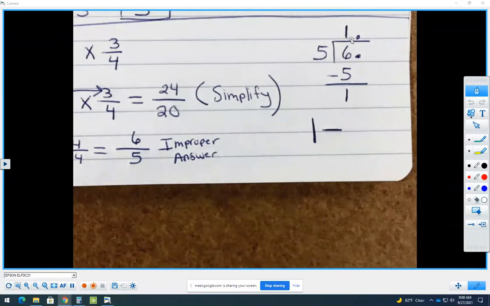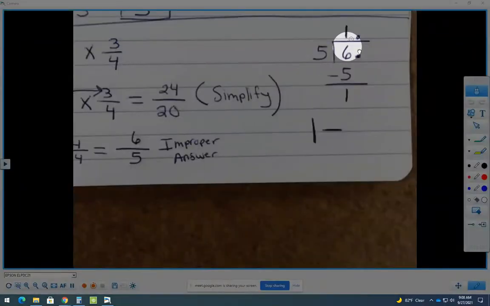Questions with that part? No. All I did, I said, okay, here's my decimal. So I know that one is a whole, so that's why I wrote one whole. You see that piece that was left over? That piece that was left over is your numerator. So I'm going to put him on the top.